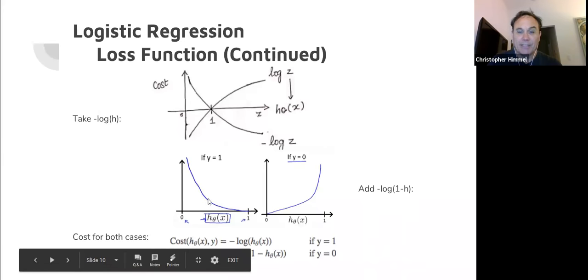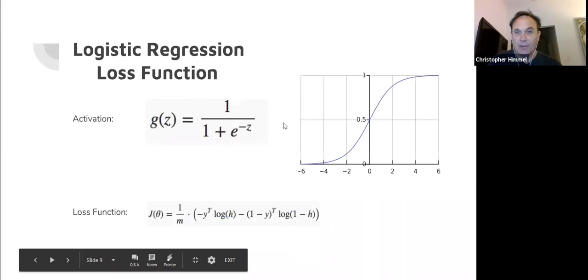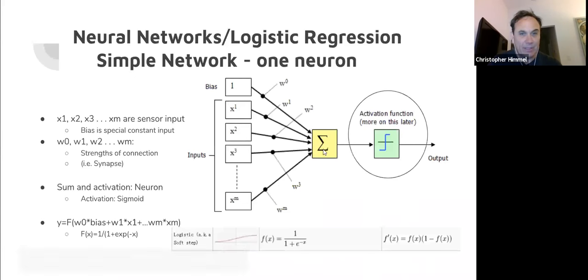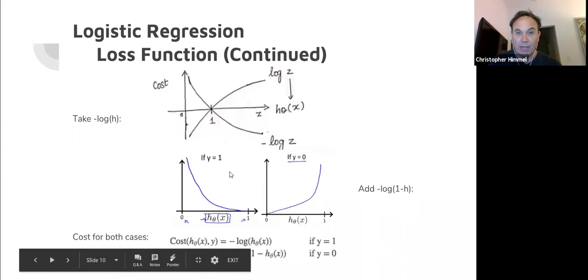So h is a function of those weights and a function of the input. So going back to our network, we sum all these up and pass it in. The output is a function of the weights, which is theta, and all the inputs. So that's why they're giving you this.